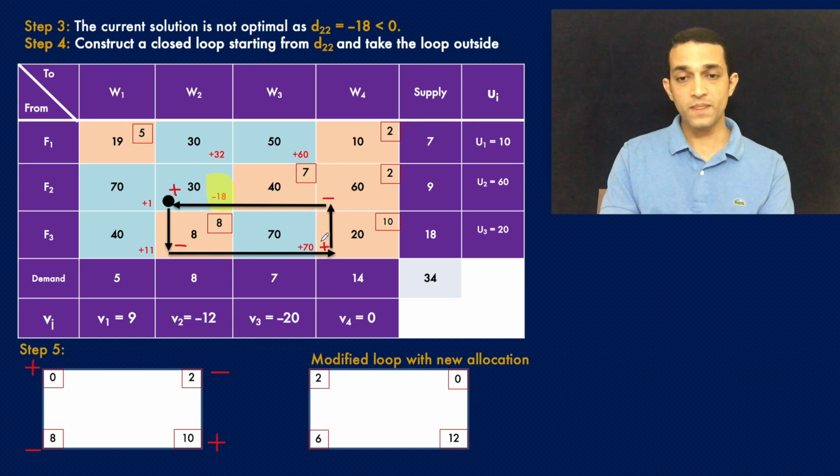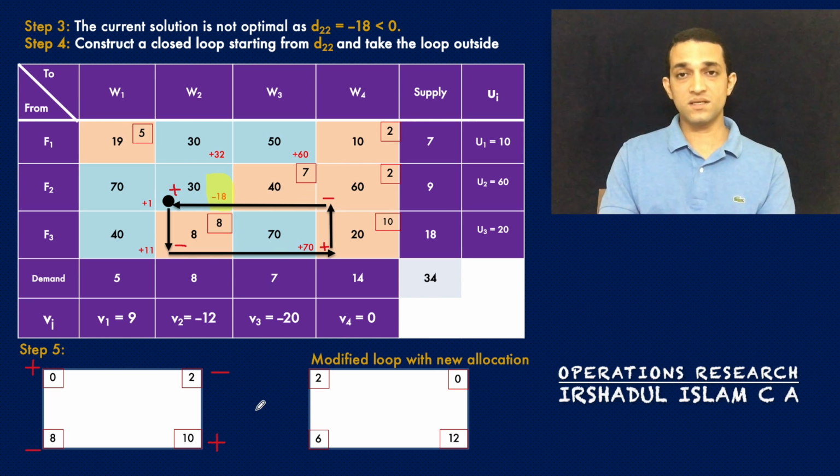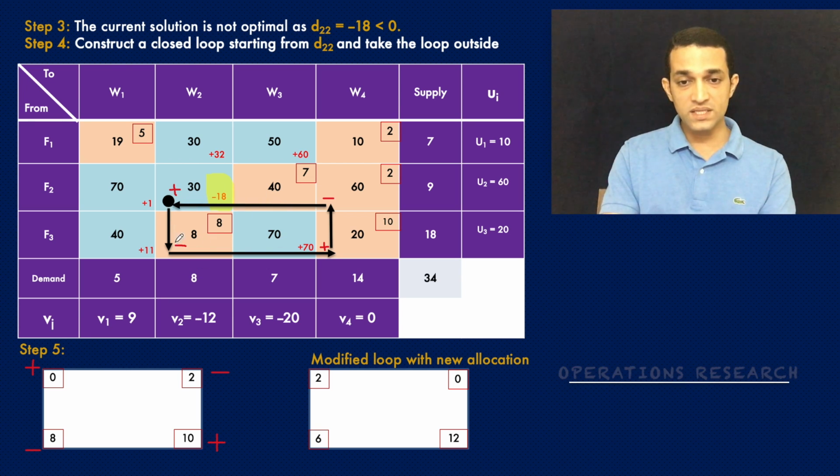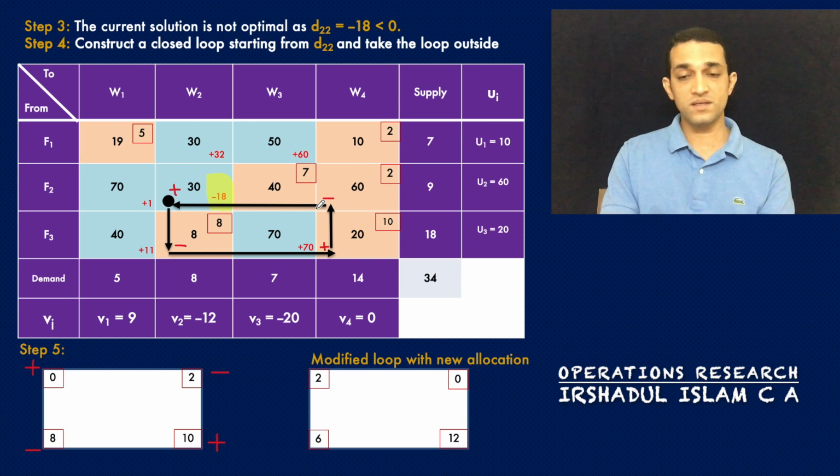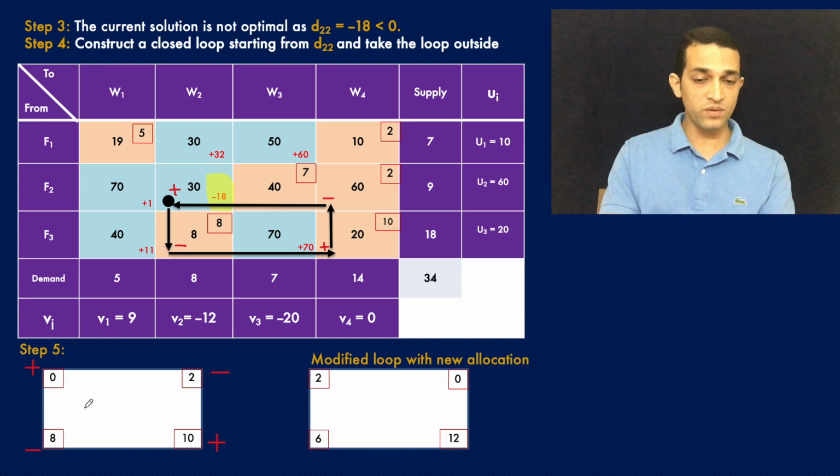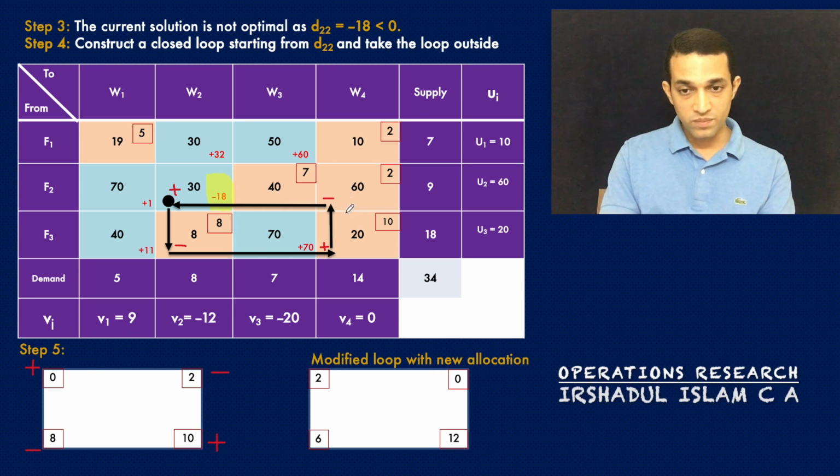Again coming back, this is a complete loop. For the next iteration, the next modification, I am taking only this loop with the occupied elements into the table like this. So this is the loop.